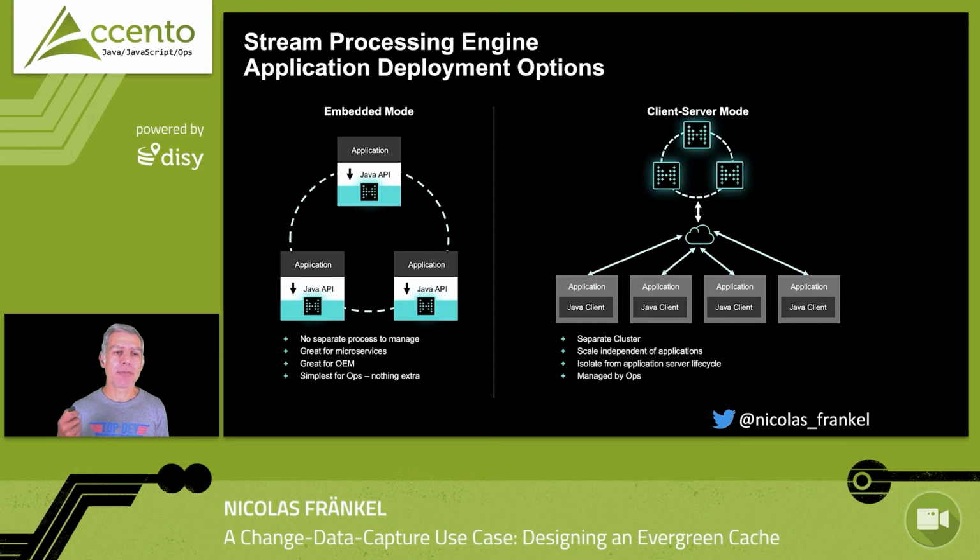We actually have two deployment models. Since Hazelcast is developed in Java, the easiest way is for Java developers, and in that case, it's used as a library. So you use Hazelcast as a library in your Java application. When you start your application, you start the Hazelcast node.